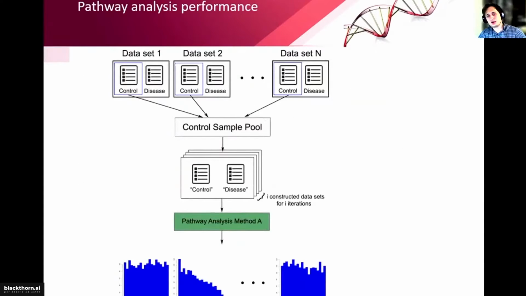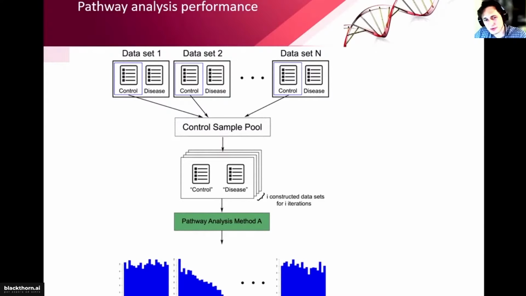Then the authors did quite an important benchmarking, which wasn't done for almost any tool on the internet for RNA-seq analysis. They checked biases toward the null hypothesis. Basically, you can take all controls from all your data sets and randomly split them into control and disease data sets, generate a lot of these subsets, and analyze them on different pathways.